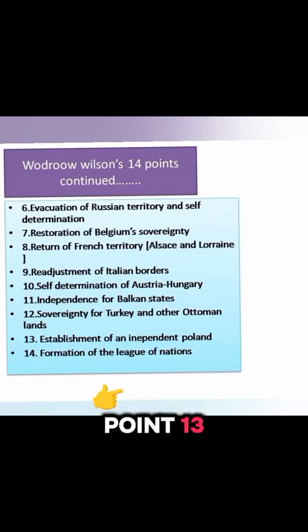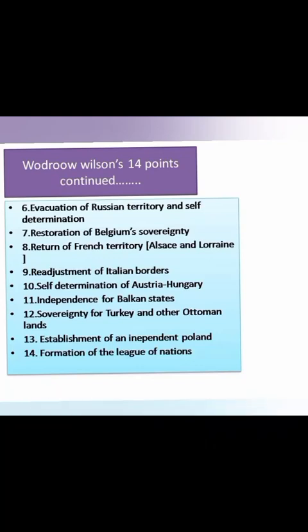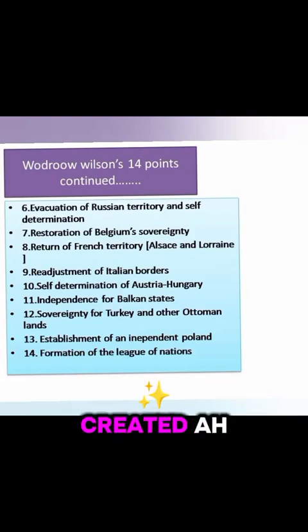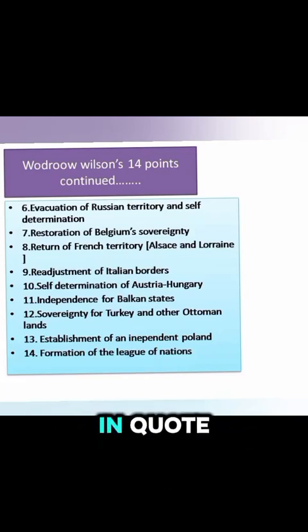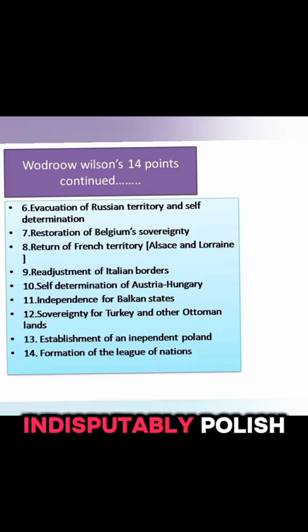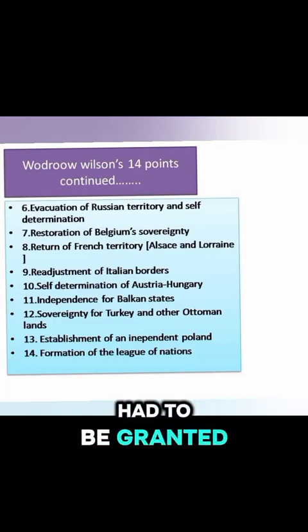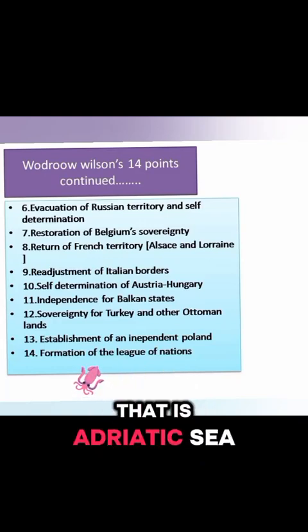Then point 13, the establishment of an independent Poland. This point states that an independent Poland be created in those areas solely or, in quote, indisputably Polish, and the Polish state had to be granted a free and secure access to the sea, that is, the Adriatic Sea.